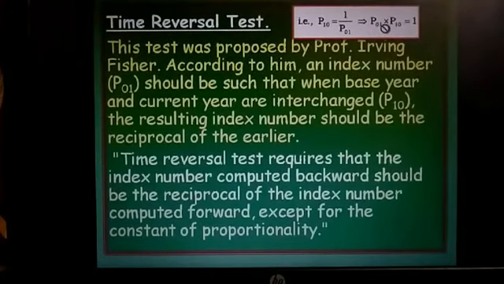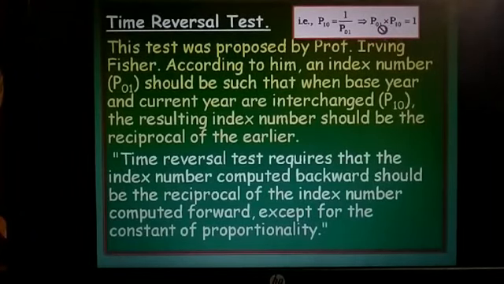P01 multiplied by, this P is as it is written, this 01 was the time, because 0 is base year and 1 is current year. So the time points considered here have to be reversed. Here it was 0, 1. Here it is 1, 0. 0 has been replaced by 1, and 1 has been replaced by 0. That is, P01 becomes P10.